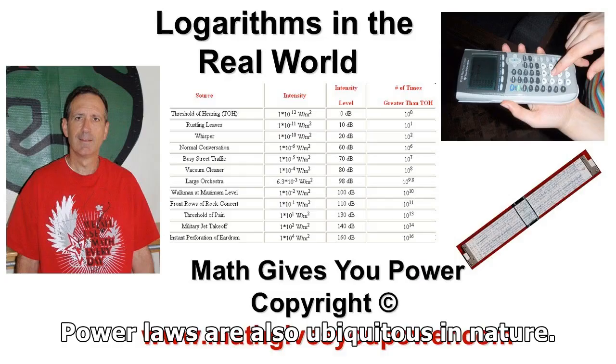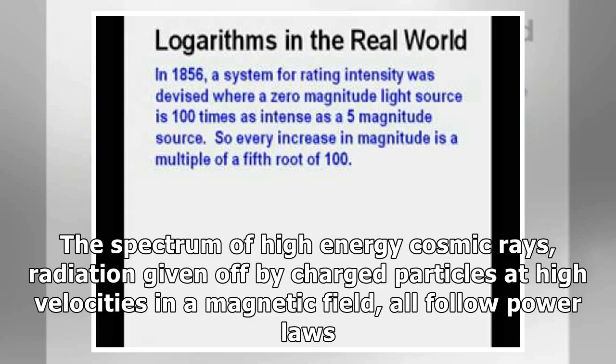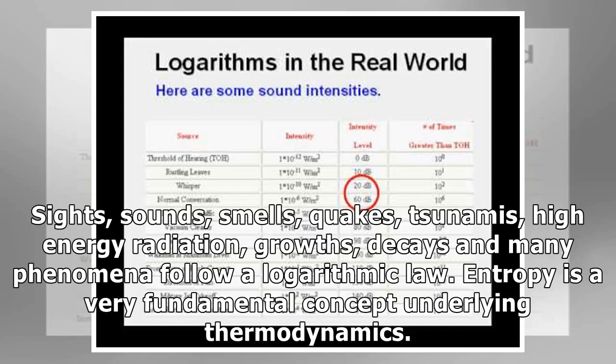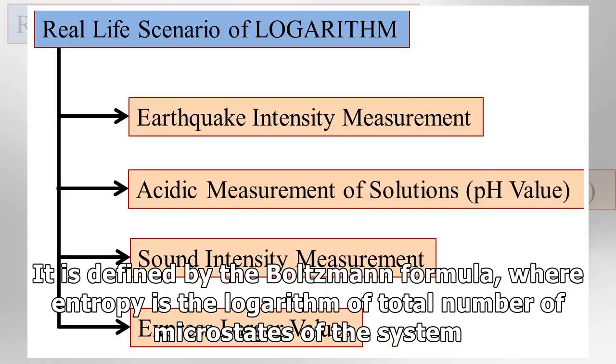Power laws are also ubiquitous in nature. The spectrum of high-energy cosmic rays, radiation given off by charged particles at high velocities in a magnetic field, all follow power laws. Sights, sounds, smells, quakes, tsunamis, high-energy radiation, growths, decays, and many phenomena follow a logarithmic law. Entropy is a very fundamental concept underlying thermodynamics.